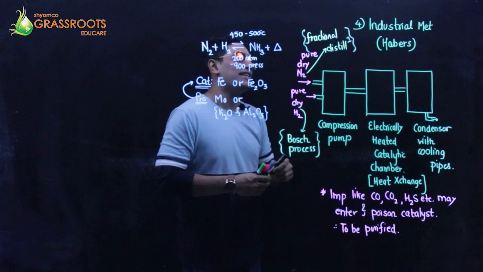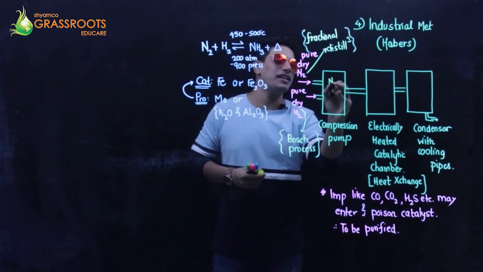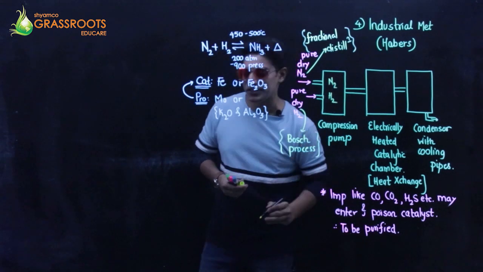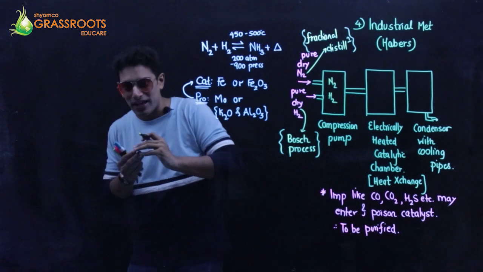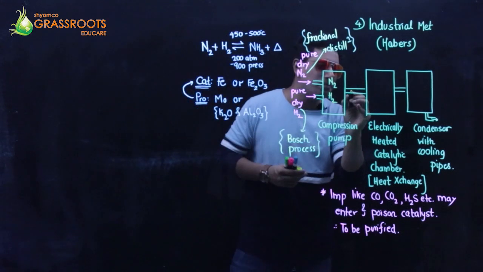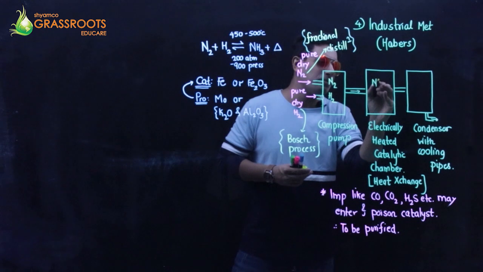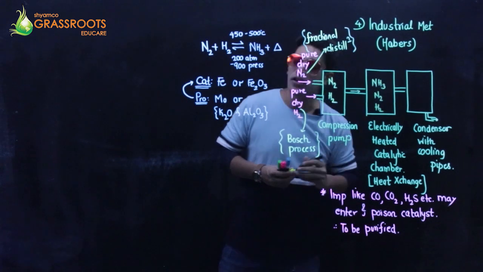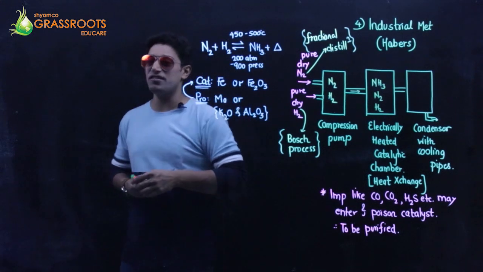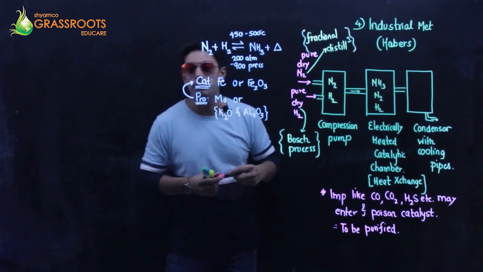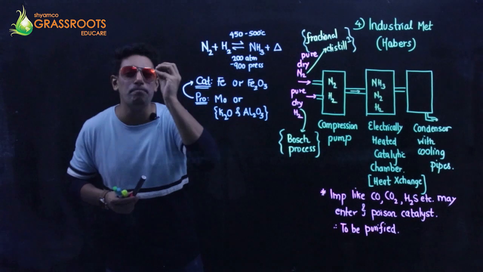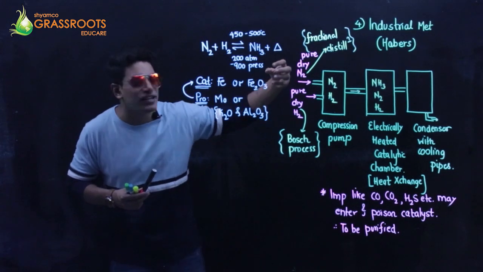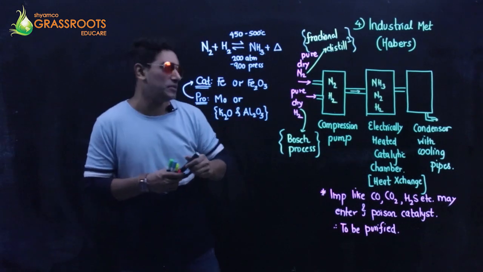So guys, can I say nitrogen and hydrogen which have entered are going to combine together. In the next chamber, we have ammonia and we have the left out nitrogen and hydrogen. Remember, 100% combination will never be possible.